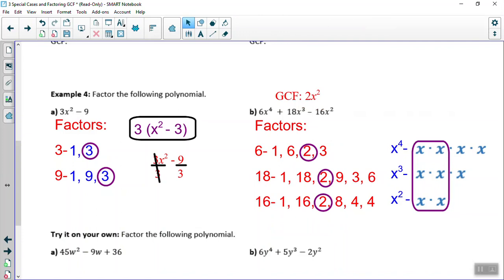So 6 divided by 2 is 3. x to the 4th divided by x squared, I would do 4 minus 2 is 2. 18 divided by 2 is 9. 3 minus 2 is 1. 16 divided by 2 is 8. 2 minus 2 is 0. So those x's would cancel out. Right? We would end up with this.